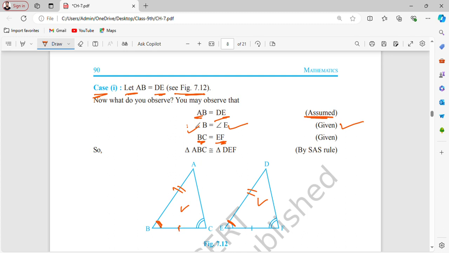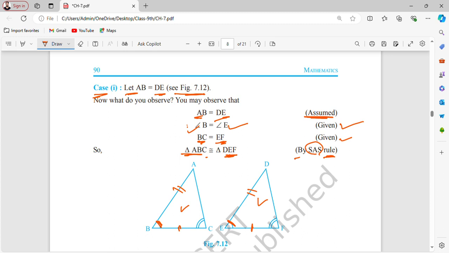This side is equal to this side, this is also given, and triangle ABC is congruent to triangle DEF by the SAS congruency rule. We have already discussed the SAS rule.